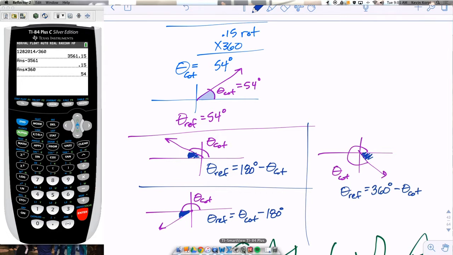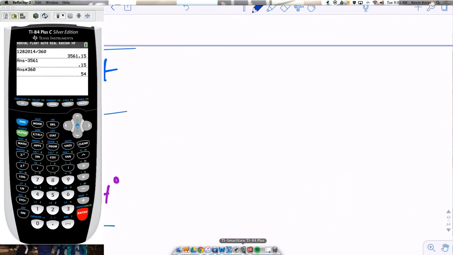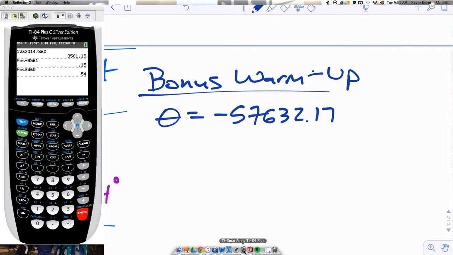Okay. Let's do one last one here real quickly, and we'll call this a bonus warm-up since we've had 3 days off. A bonus warm-up. And I'll give you 1 minute to do this. I'm going to ask you to do the same thing we're going to do on the quiz. I'm going to give you an angle like negative 57632.178 degrees.